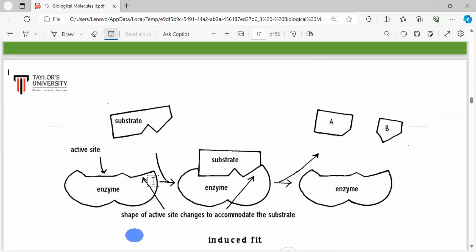But as soon as the substrate binds to the enzyme, the enzyme changes its shape so that it can fit firmly with the substrate. So the attachment is firm. It's a firm attachment between the substrate and enzyme. And then at the end of the reaction, the active site of the enzyme will change to its original shape and the products are formed.